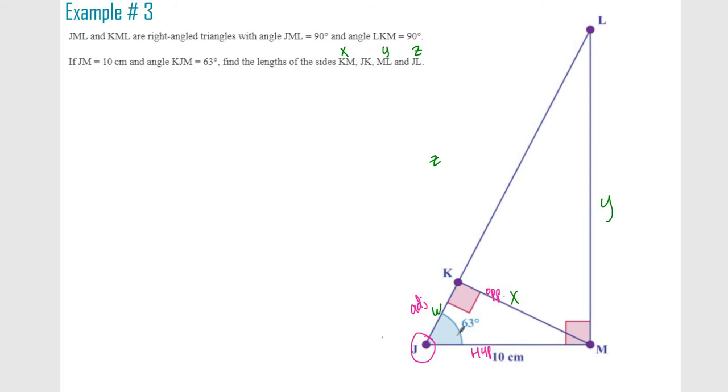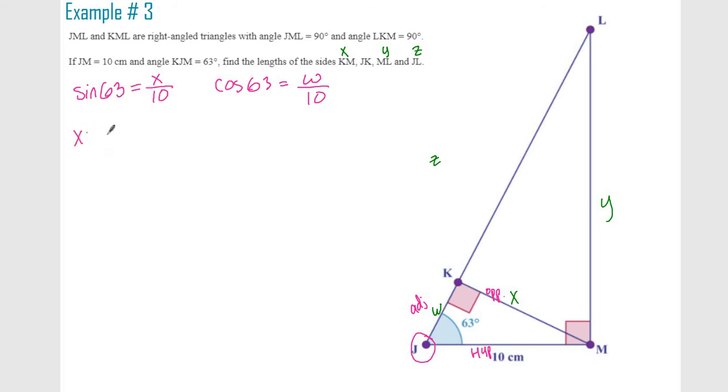Okay, so we have X and W we both want to find. So that's opposite over hypotenuse. Sine of 63 is x over 10. We could even do the cosine of 63, and that is w over 10.